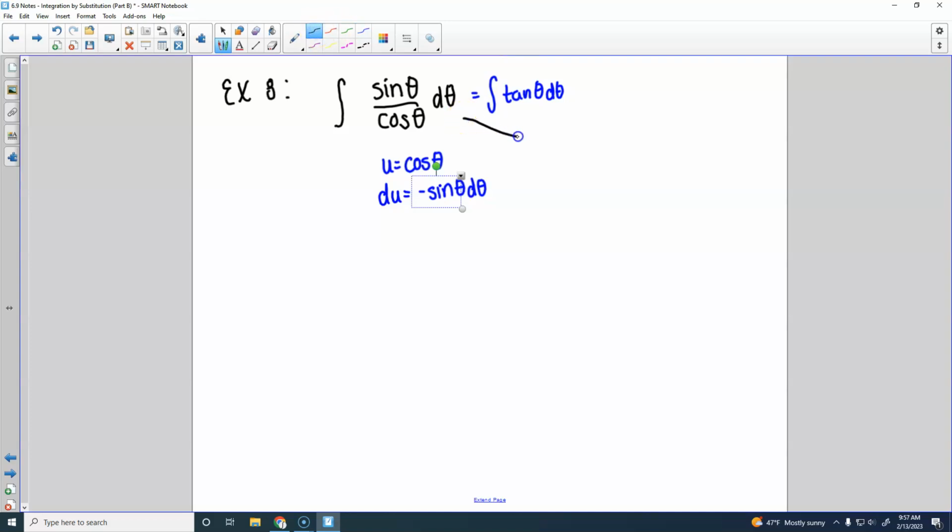So if I kind of split this up like I've done the other fractions, I've got 1 over cosine theta times sine theta d theta. I need a negative with that sine. I can do that as long as I also put a negative out front, because we'll cancel each other out.